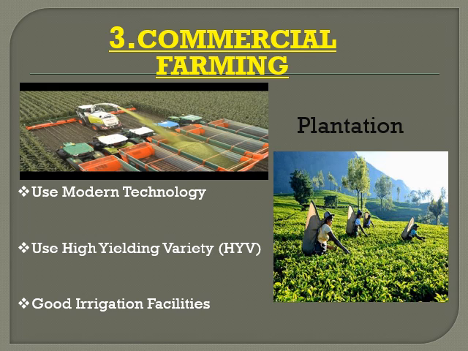Again, good irrigation facilities, chemical fertilizers, insecticides and pesticides. The amount of commercialization of farming varies from one area to another depending on climatic conditions, irrigation facilities and other factors. So students, all these things definitely cause an increase in production.